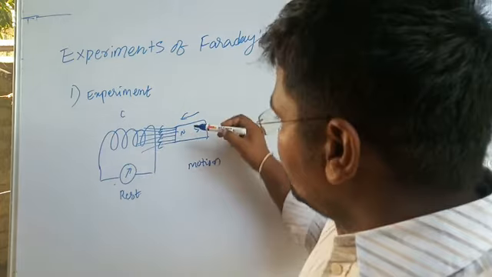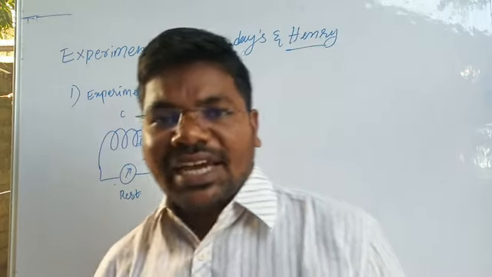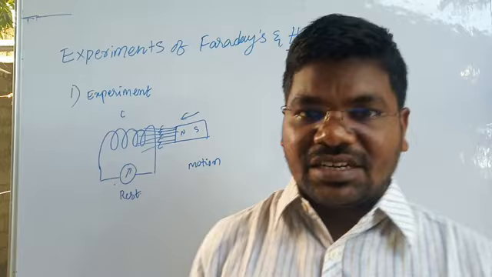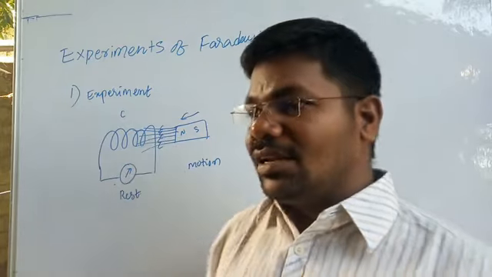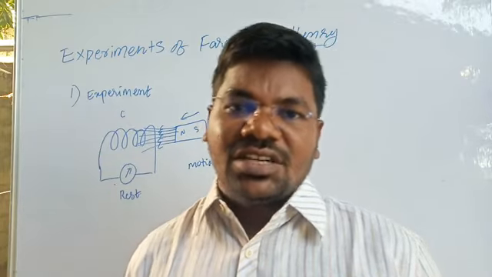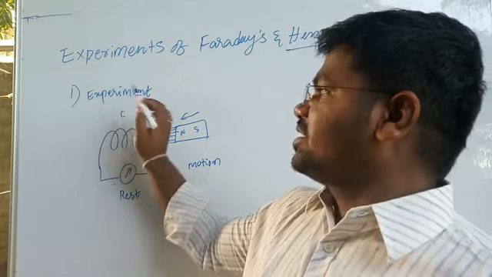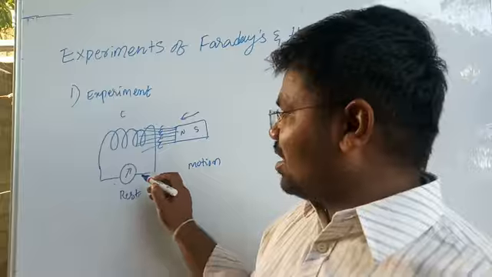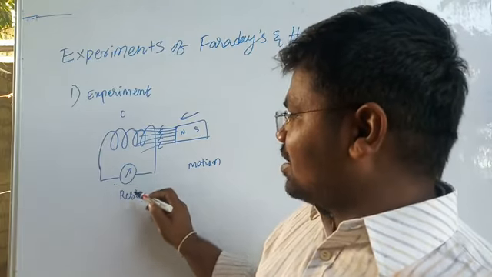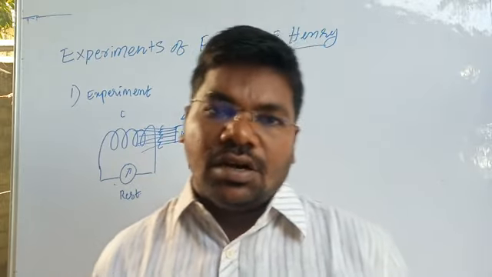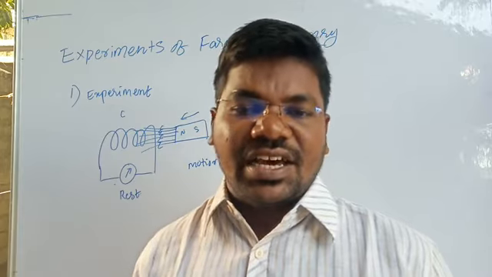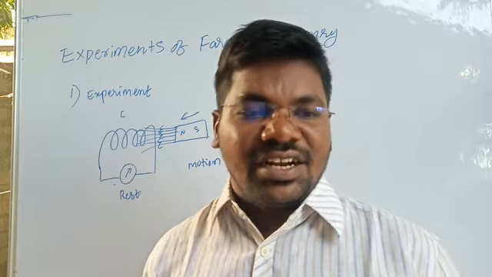The magnet produces magnetic field lines, and these magnetic field lines are linked with this coil. It produces an induced current. So from the first experiment, we can get the induced current in the coil. With the help of the galvanometer, we can easily identify whether the current is generated or not.